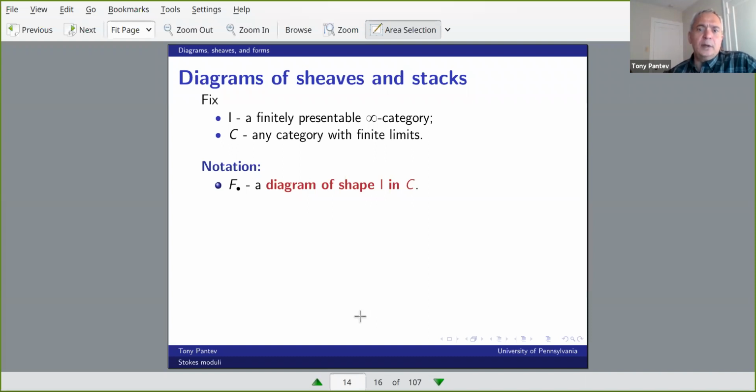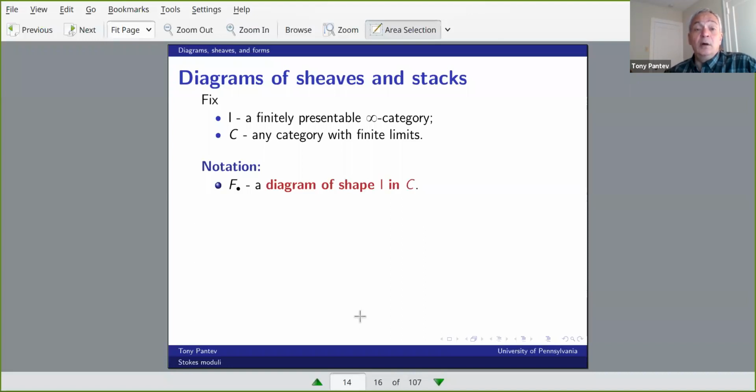So first, I'm going to talk about it diagrammatically. We'll start with the index category, which, the most general thing you can take is a finitely presentable infinity category, but you can just take a poset, which is going to suffice for all the examples, and take a category of values which has finite limits.